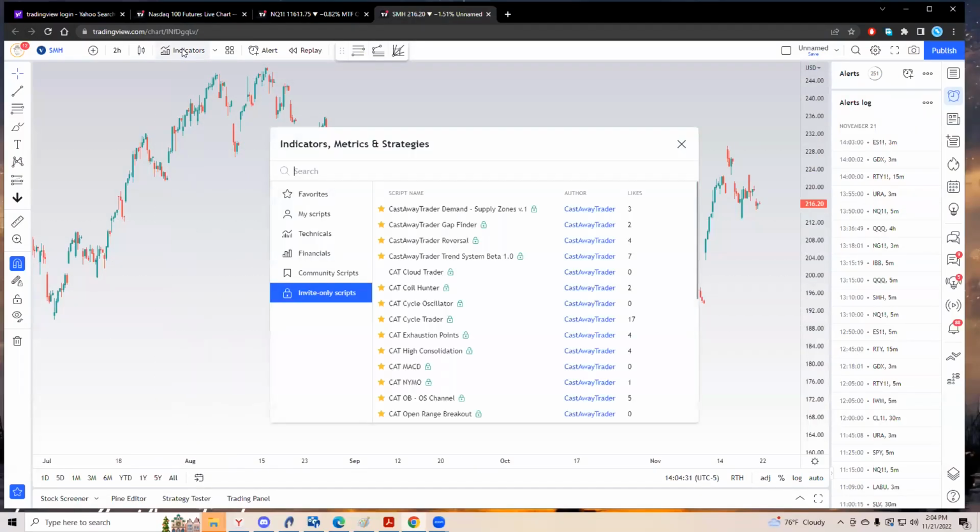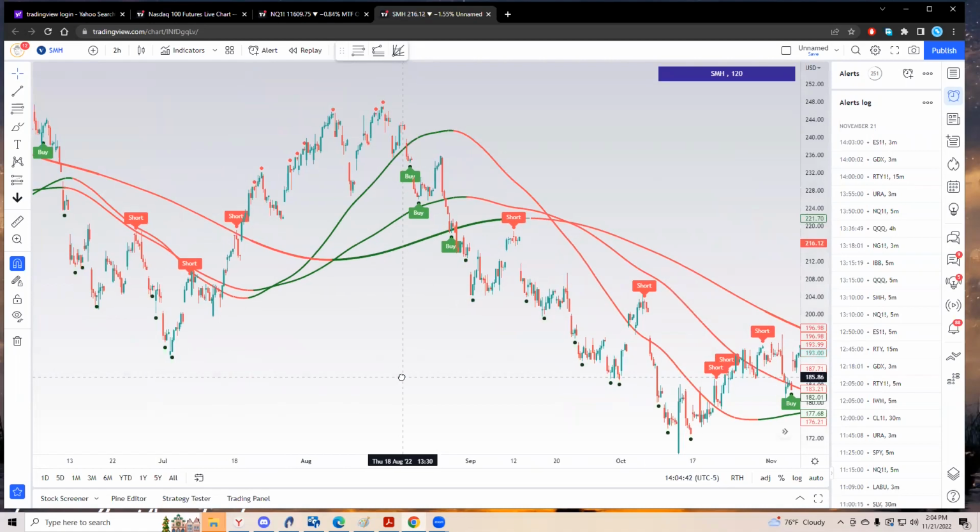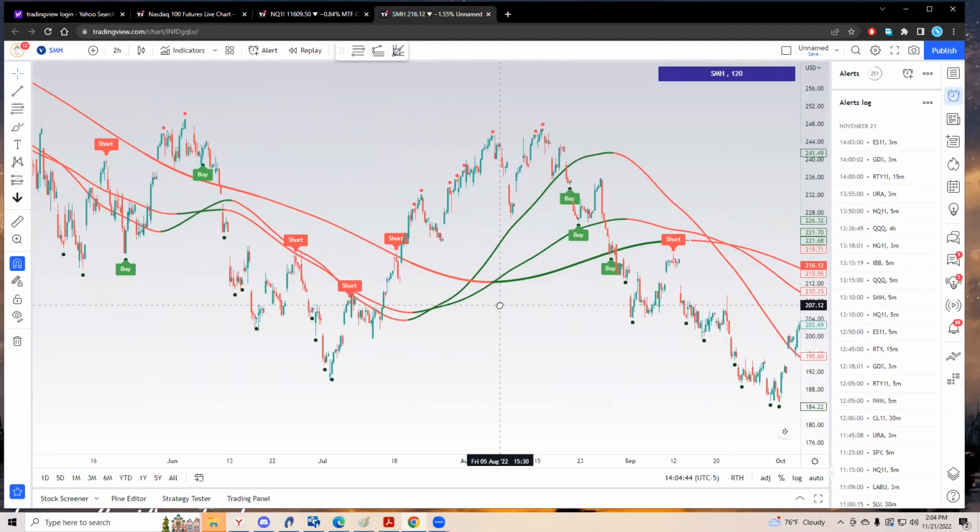To activate it, we go to indicators, CAD Cloud Trader. We activate it, and we can see a number of lines and signals.